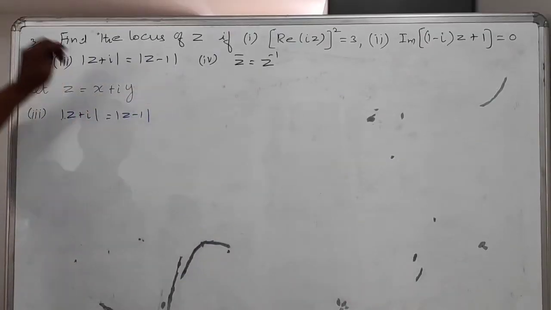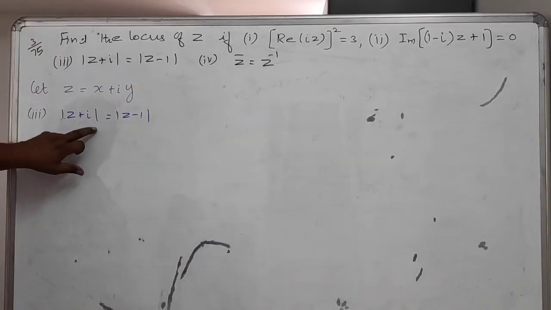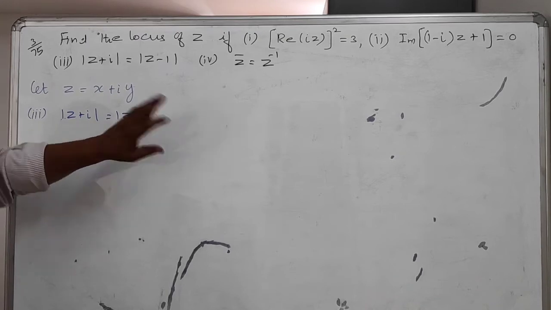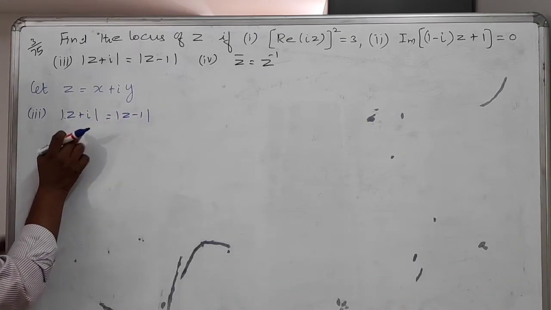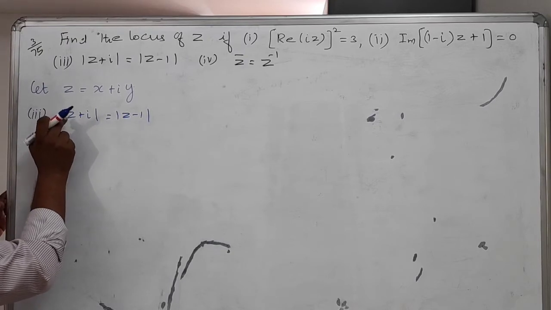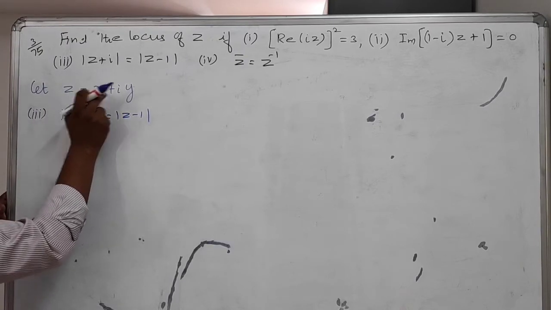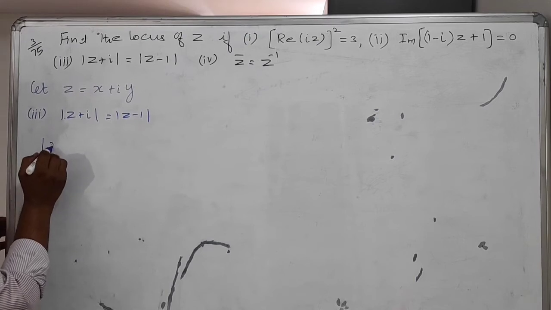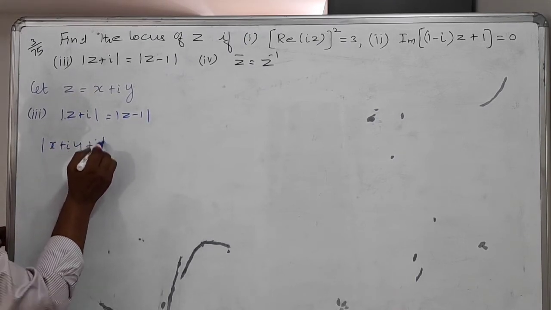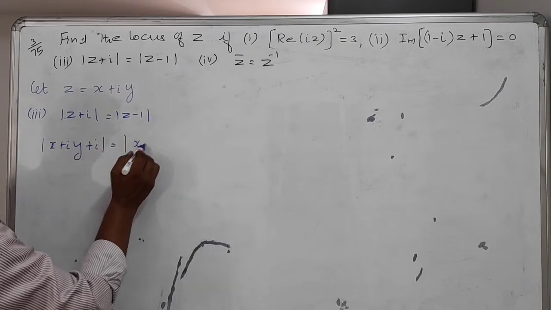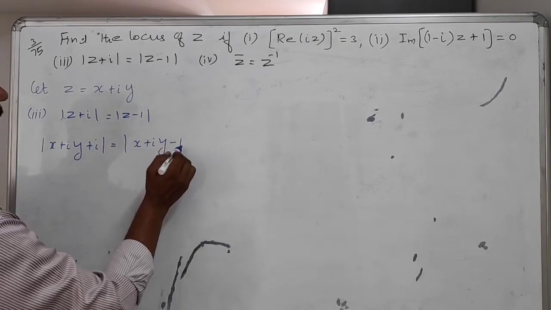Now the third subdivision, that is modulus of z plus i is equal to modulus of z minus 1. Okay, now listen here. For modulus of z plus i, first we take z as x plus iy. You can write modulus of x plus iy plus i, which is equal to modulus of x plus iy minus 1.